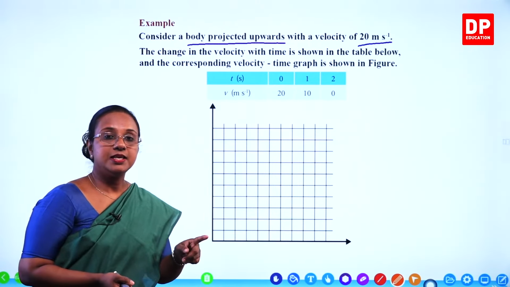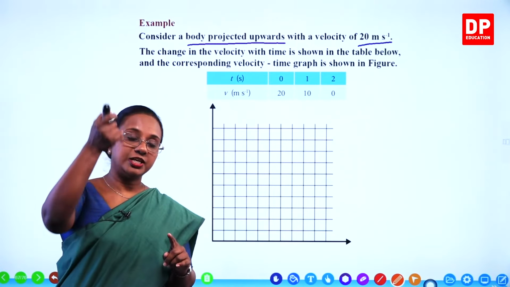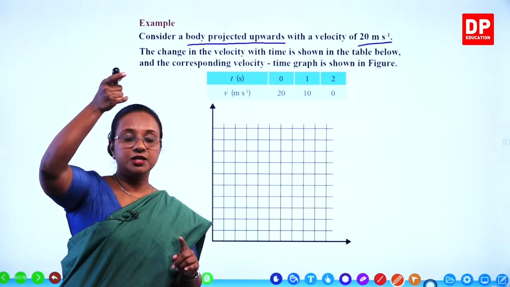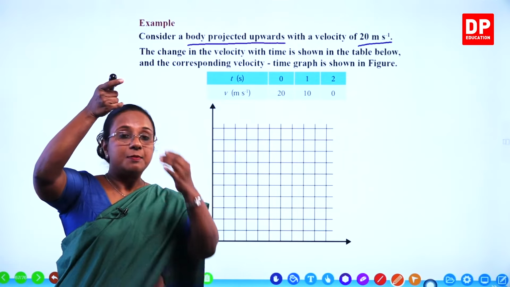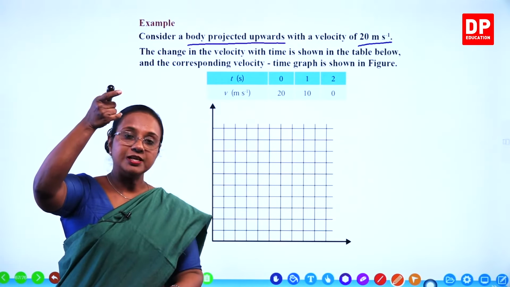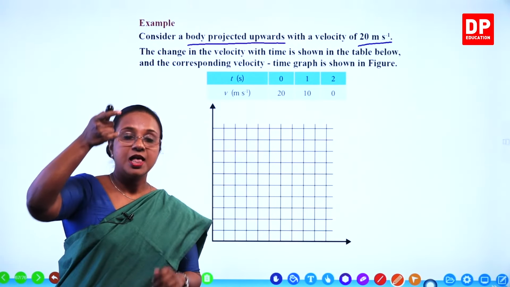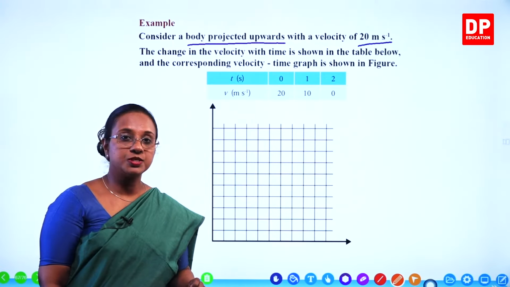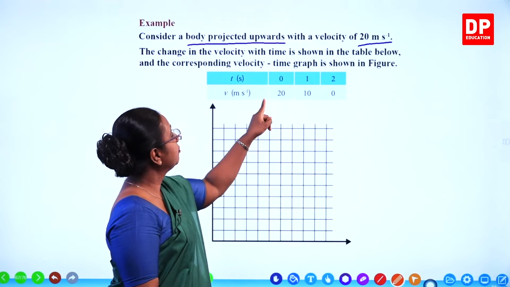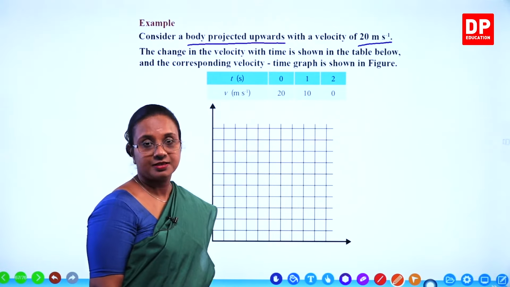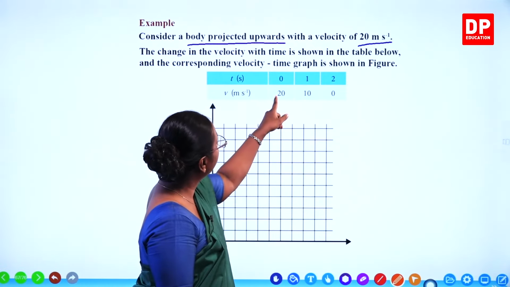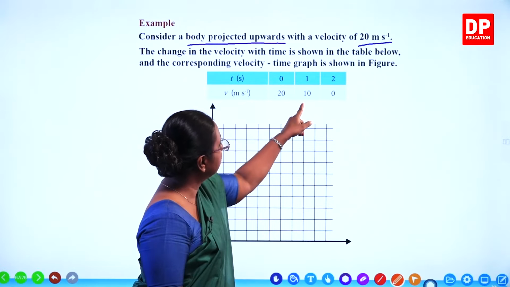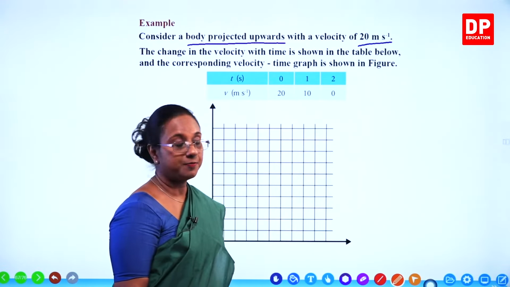Now you can see the body was projected upwards. It's trying to go up, but the gravity is pulling the object down. Therefore, due to the gravitational force, the object will decelerate. That is why the velocity decreases with time.